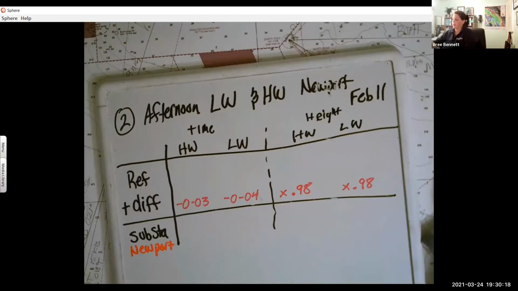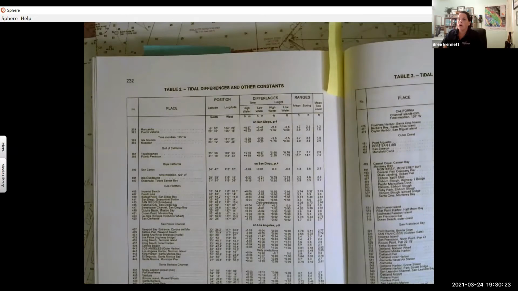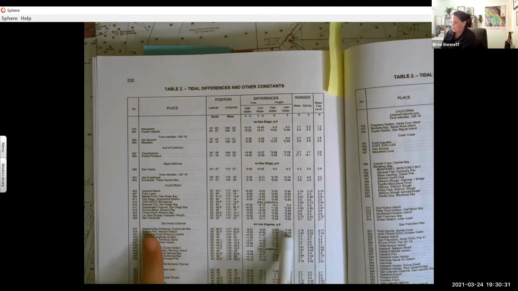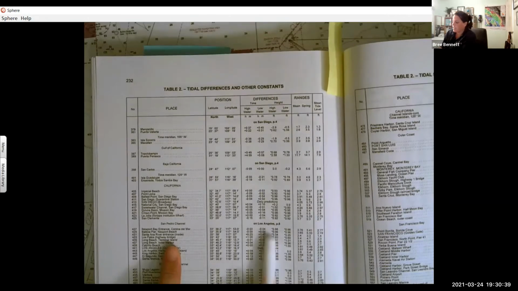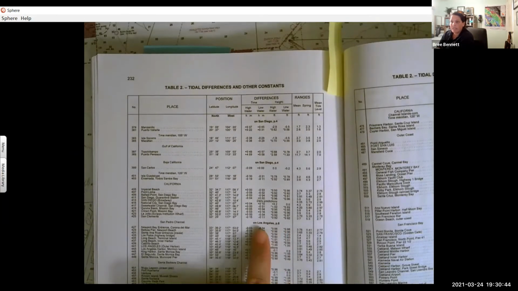Now, one more thing on this page. I want to know what the reference station is for this particular subordinate station. So, whatever our subordinate station is, then we go up to see what the reference station is. So this is telling us Los Angeles on page 8 is our reference station.